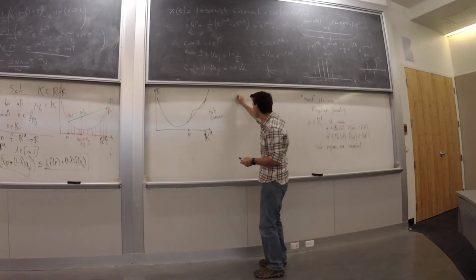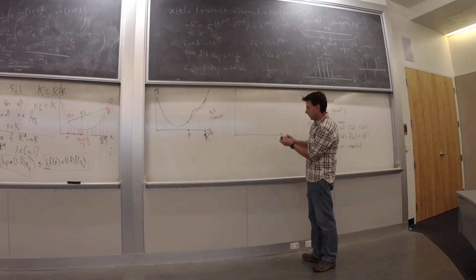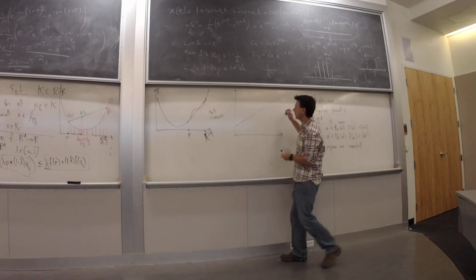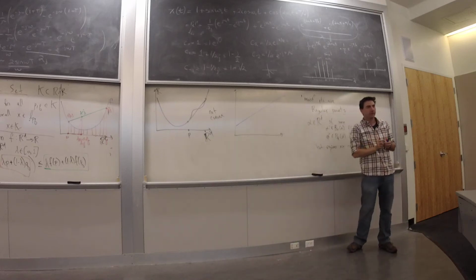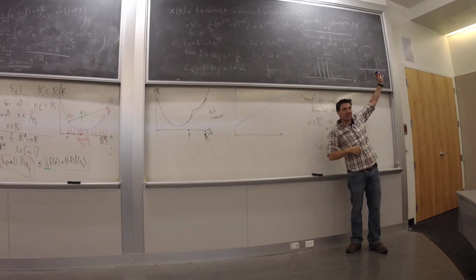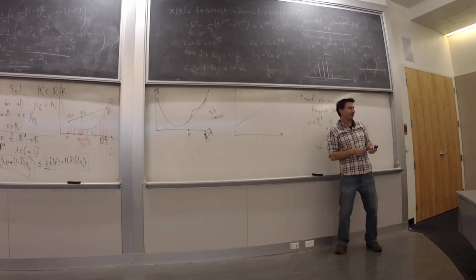Okay, let's draw some more examples. Well, this function. Is this one convex or not convex? This one is convex.